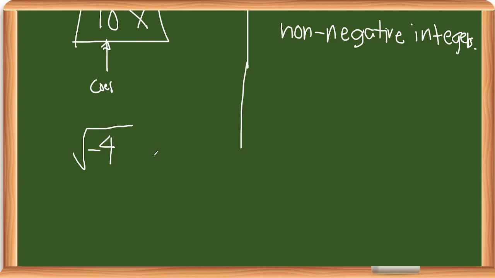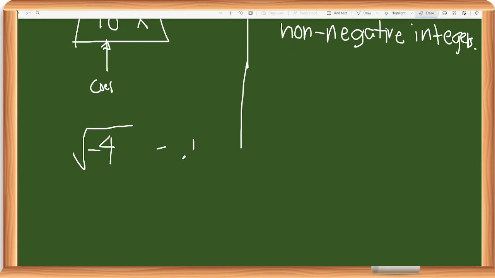Can you think of a number na kapag minultiply mo sa sarili will give you negative 4? Kung positive yan, pwede yung 2 times 2 or negative 2 times negative 2. It is equal to 4. Pero negative 4 to eh. So that means, isa sa kanya is positive at isa is negative. So walang magkakapareho. Now, paano to naging hindi real? Actually, pwede natin itong i-express as square root of negative 1 times the square root of 4.